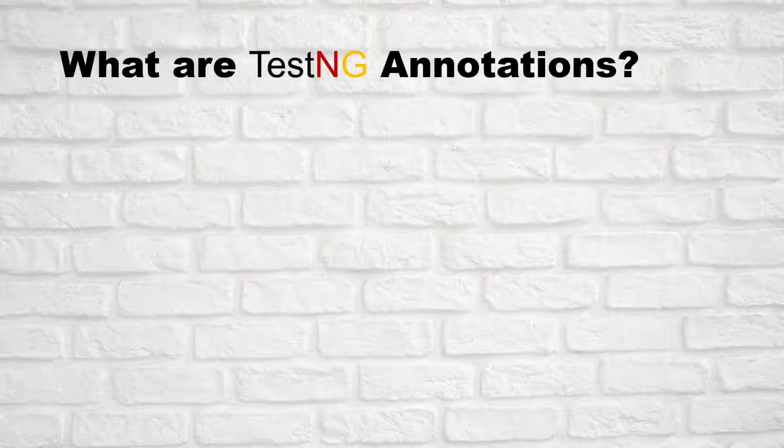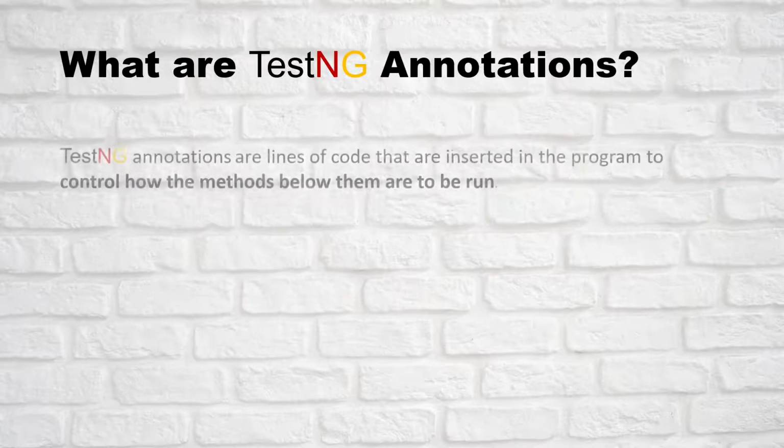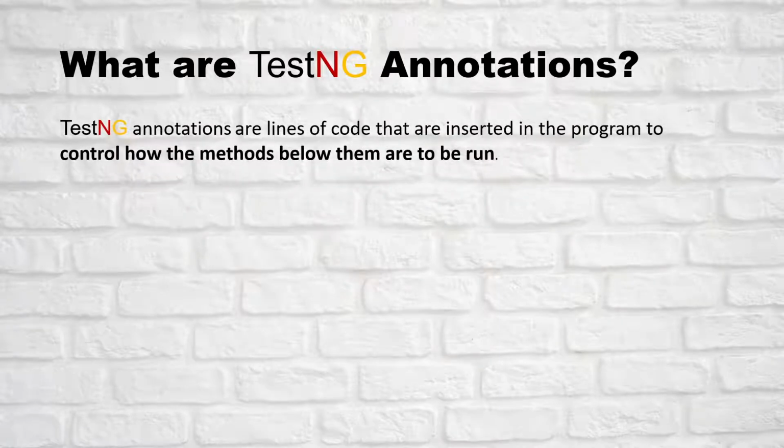Okay, so let's go to the second question: what are TestNG annotations? We are going to see the different annotations provided by TestNG. The definition again: TestNG annotations are lines of code that are inserted in a program.